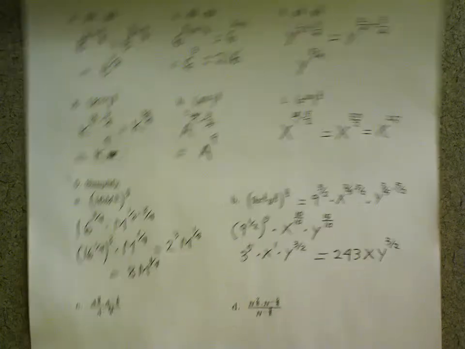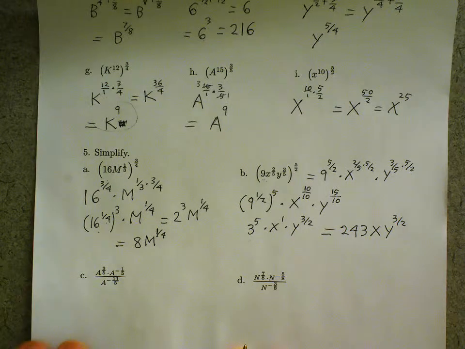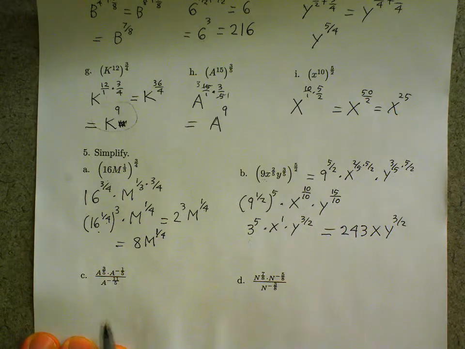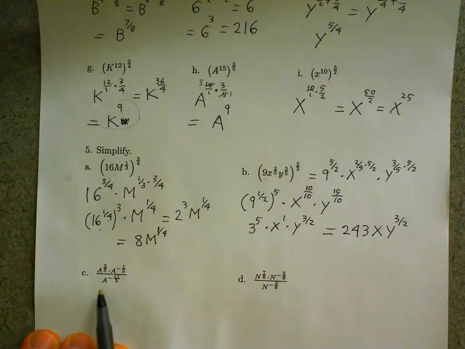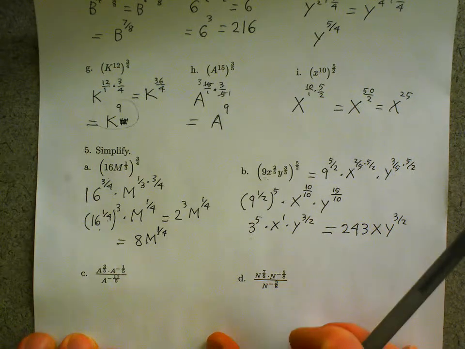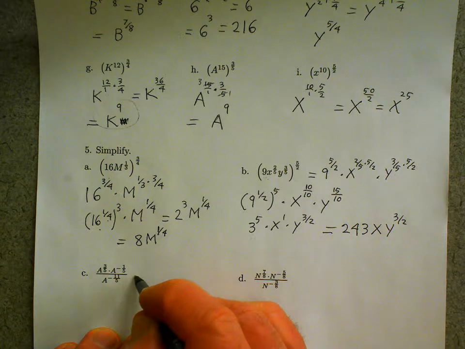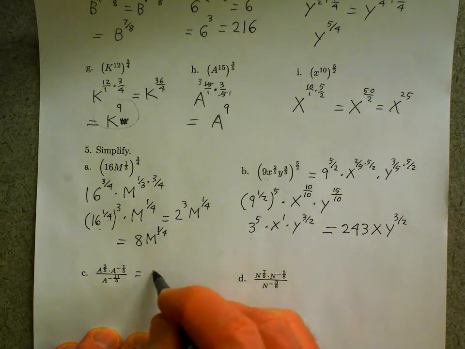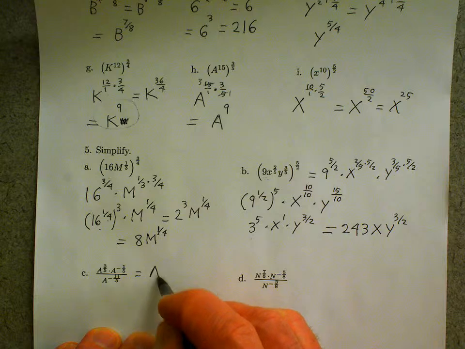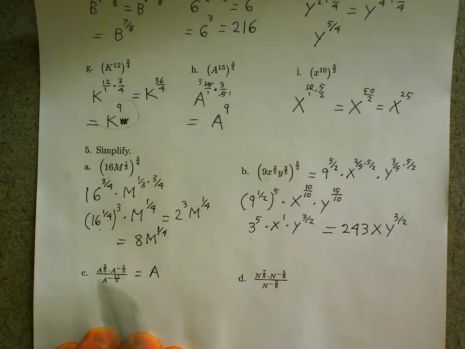Okay, the next one, a to the 3/5 times a to the negative 1/5 in the numerator, and we're dividing by a to the negative 11/5. So we can begin by simplifying the numerator.